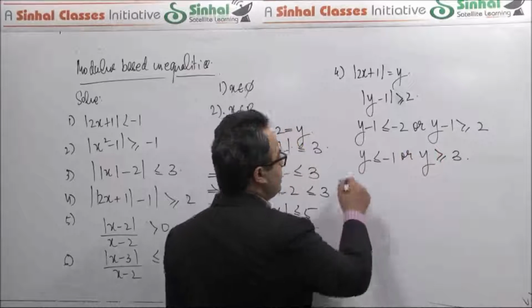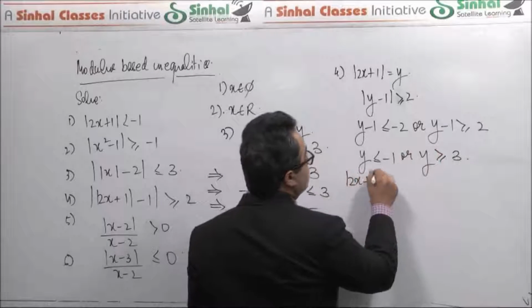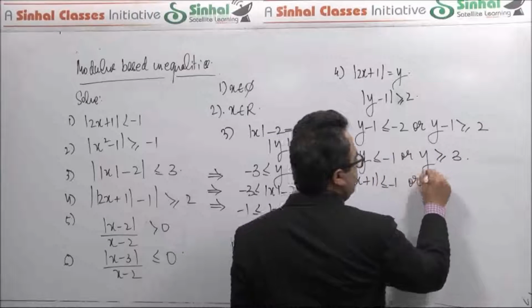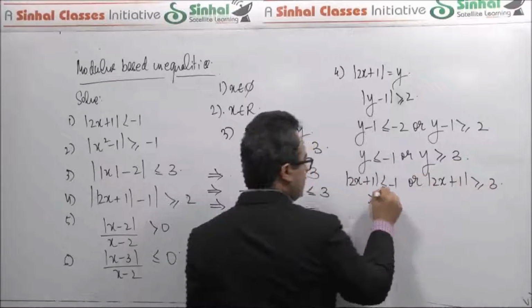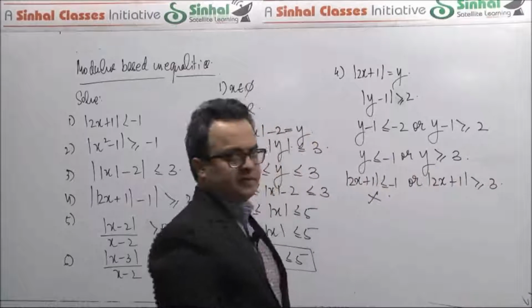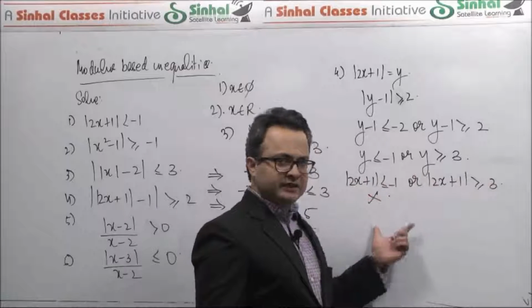Again substitute the value of y back. So mod of 2x plus 1 is less than equal to minus 1, or mod of 2x plus 1 is greater than or equal to 3. But then again this cannot happen for the first part. This inequality will clearly give you a null set.